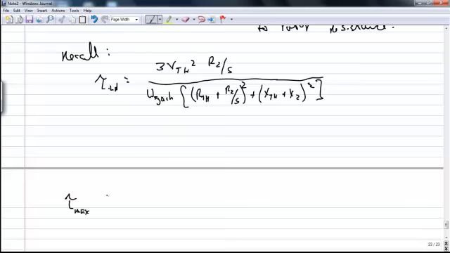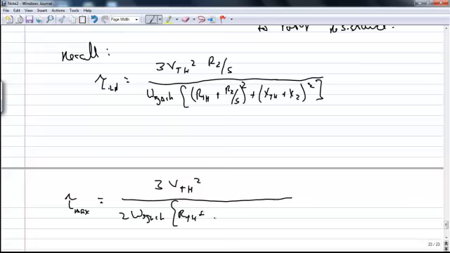Maximum torque is equal to 3 VTH squared divided by 2 times the synchronous speed times RTH plus the square root of RTH squared plus quantity XTH plus X2 squared.